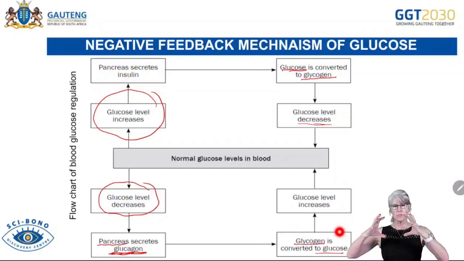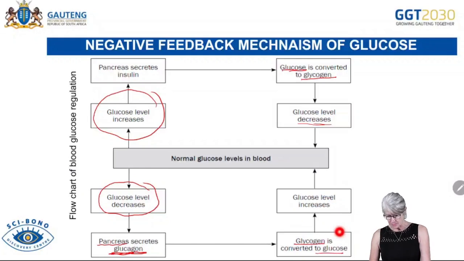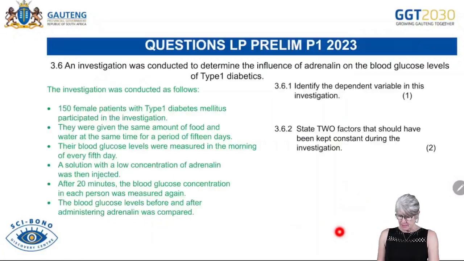So those large storage molecules are broken down into glucose molecules, and they can then go back into the bloodstream, and that causes my blood glucose levels to increase. And so homeostasis basically is the maintaining of those levels within certain limits. We maintain the level. All right.